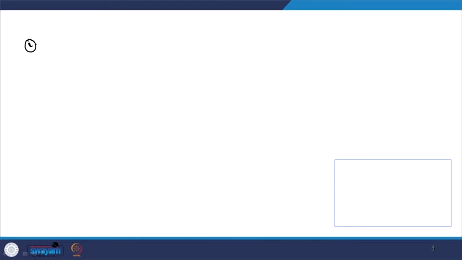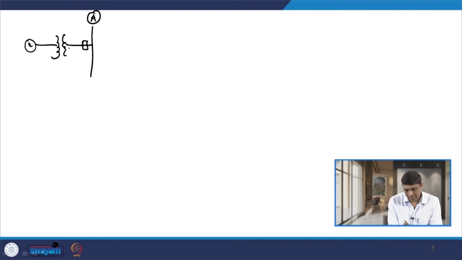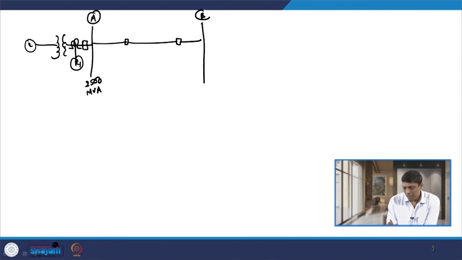So, we have a generator connected with a generator transformer, and then we have a bus, that is bus A, and then we have a relay connected somewhere here. That relay is R1, and the magnitude of the fault level at bus A is 2500 MVA. Then we have another feeder connected here with bus B. The relay connected here, say R2, has a fault MVA level at this bus of 2000 MVA.